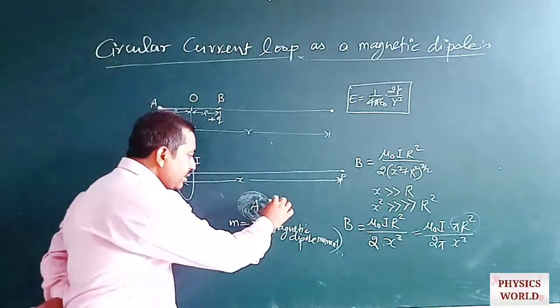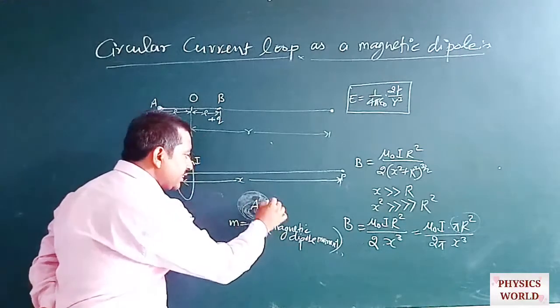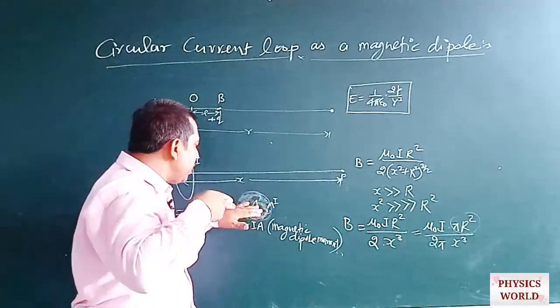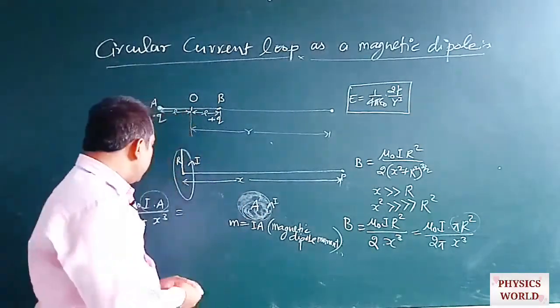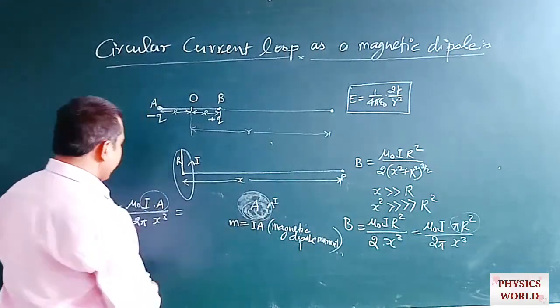And if the current flowing through this loop is in clockwise direction, then the direction of the magnetic dipole moment is always perpendicularly entering into the plane of this board. Okay, and it is always perpendicular to the plane of this area.